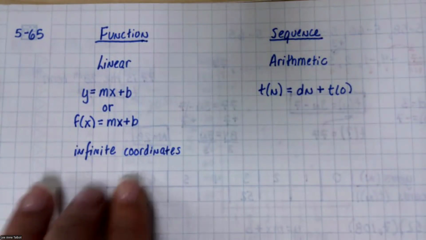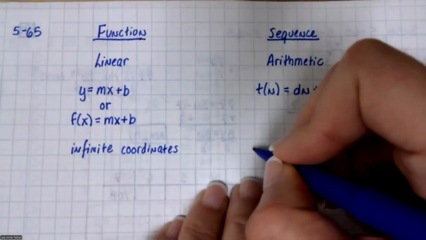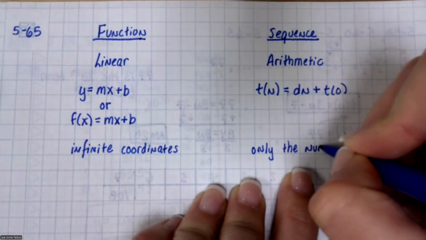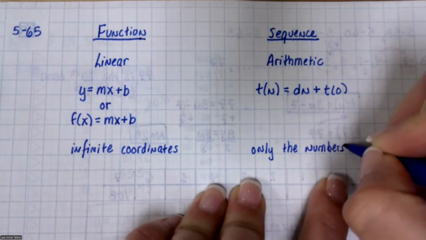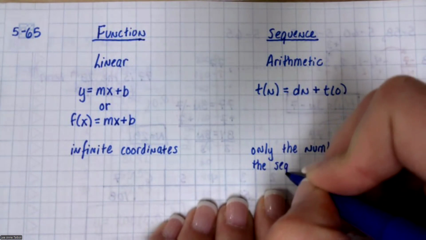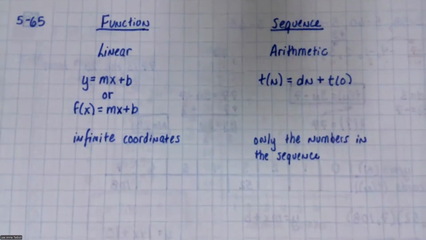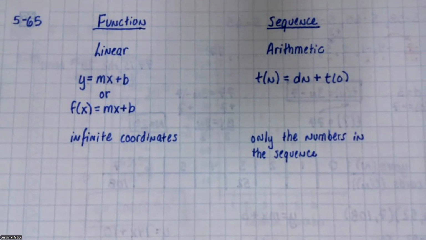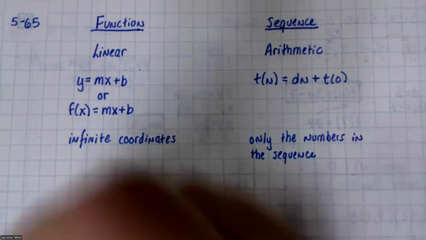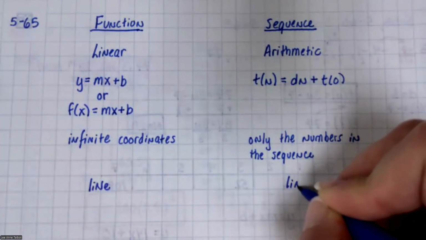A function has infinite coordinates. A sequence are only the numbers in the pattern. However, they both make a line.